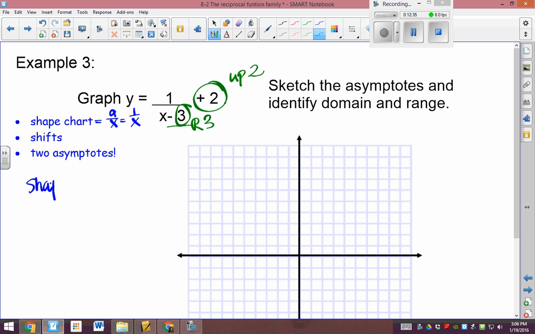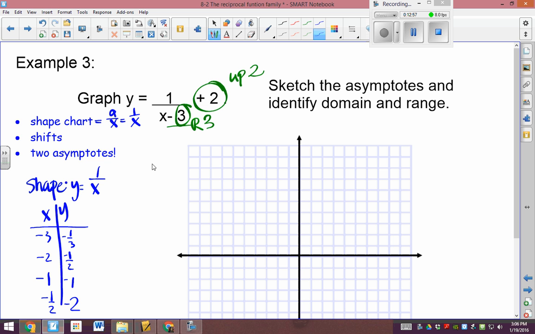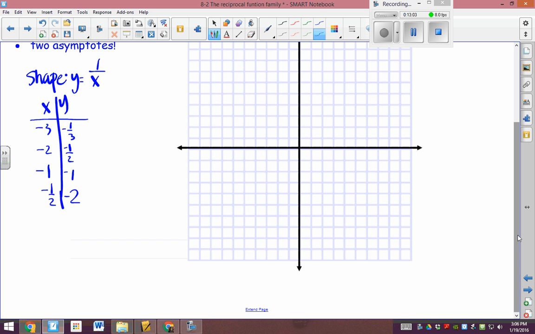The shape is 1 over x, and we have already done that, but just a quick refresher. If we plug in -3, we get -1/3. If we plug in -2, we get -1/2. -1 is -1. And negative 1/2, let's do that one too, which gives -2. Then we also would have the positive versions of all of those, but we can do those in our head.